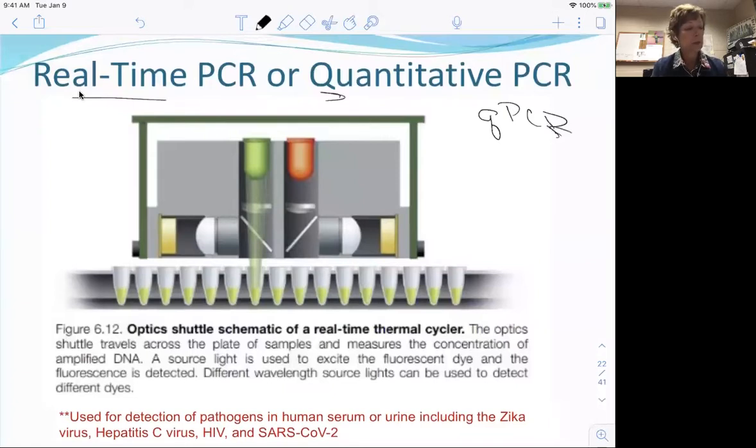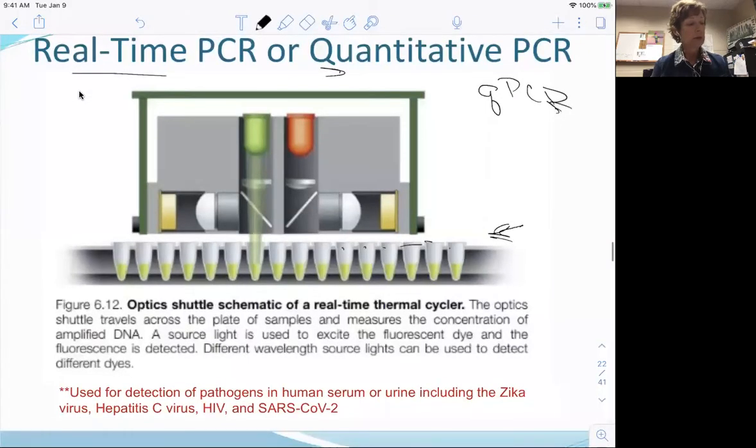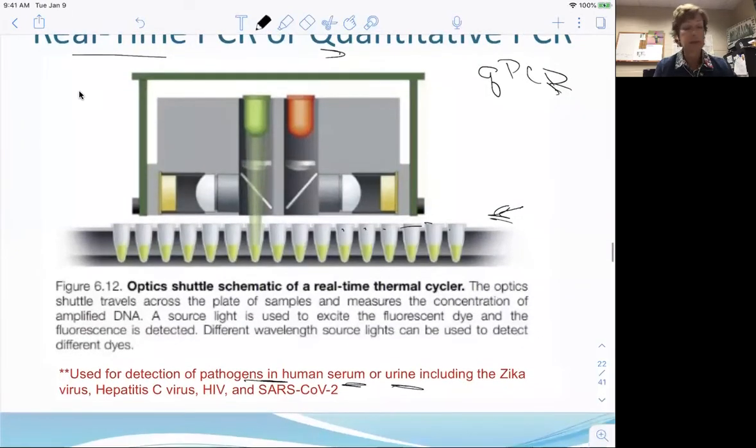In your plate reader or in your thermocycler, you have an optical reader that scans all of the wells and looks at fluorescence intensity, and it monitors this over time. This allows you to actually watch the exponential growth curve develop. A lot of detection systems for human pathogens, in blood or in urine and other kinds of samples, commonly use this.